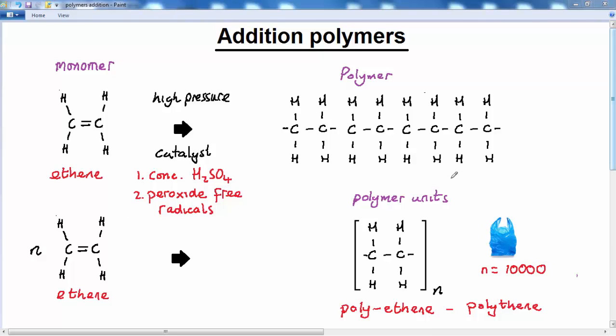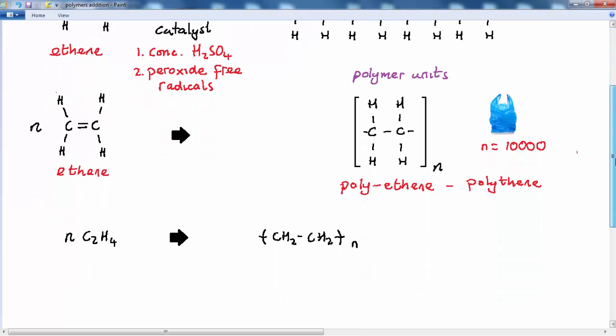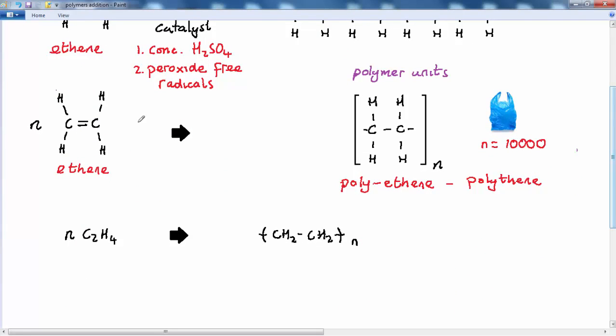Before we finish, we should just mention that we should show the polymerization equation using the chemical formula rather than the structural formulas, because that often comes up in exam questions. So just so that you're familiar with that, what we have here is n molecules of ethene being polymerized into n units of CH2.